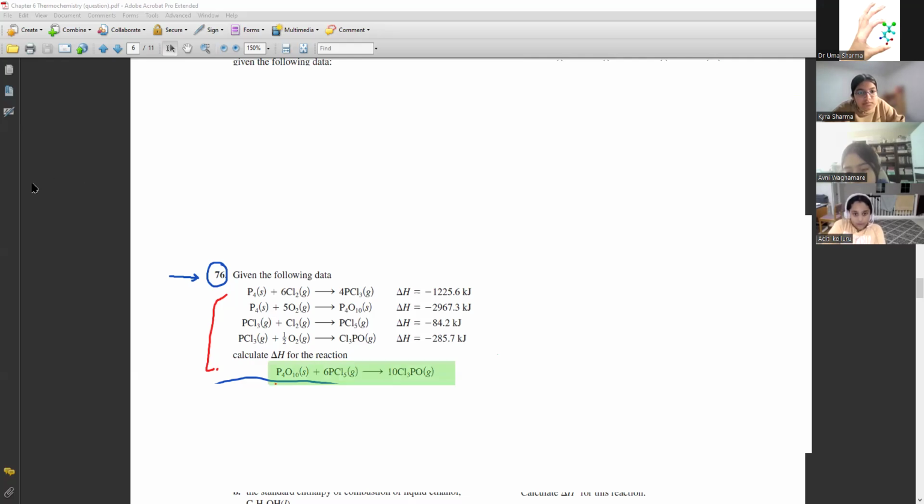If you look at the desired equation and all the equations, is P4O10 in one equation or multiple equations? It's in one. So what should you do? You should use that equation.